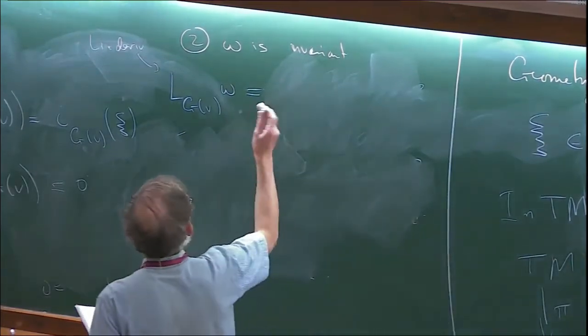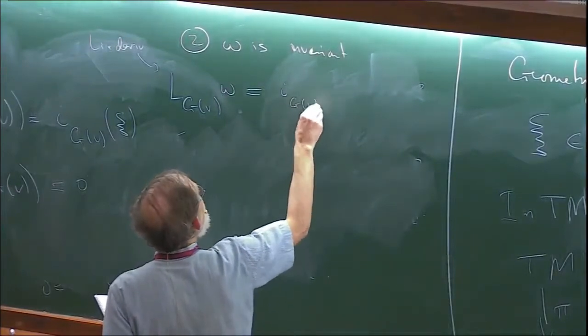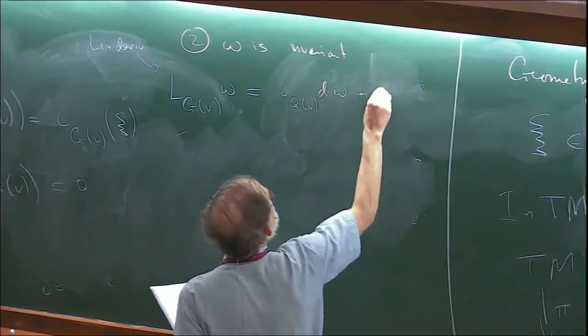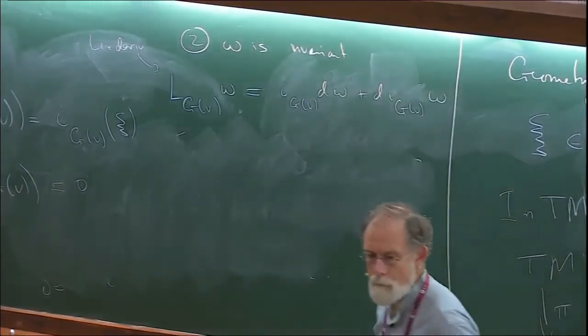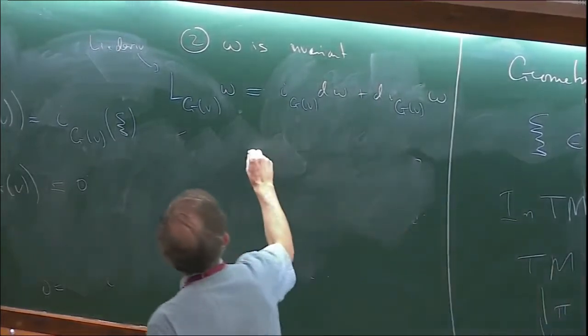So now I use Cartan's formula. I have i_G(V) d omega plus d i_G(V) omega. This is the magic part. And then life is really easy.